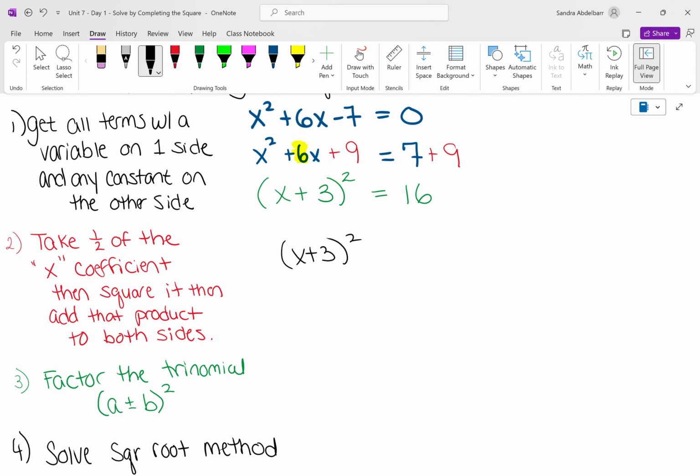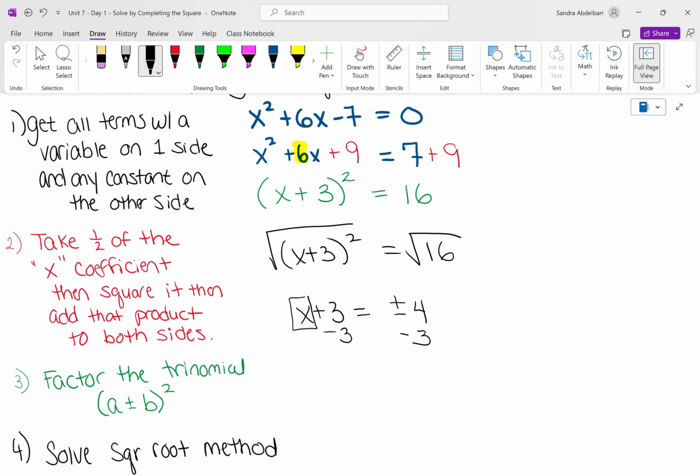So go back. We have the quantity of x plus 3 squared equals 16. To undo a square, we take the square root. The square root and the square cancel, so then we get x plus 3 is equal to plus or minus 4.